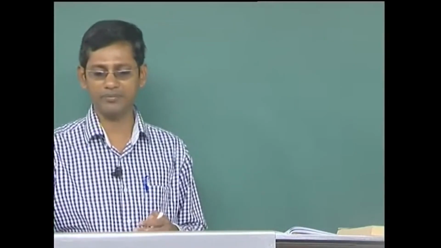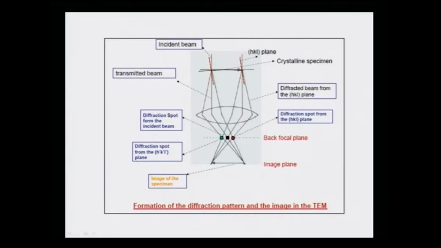Let me just show you how the electron diffraction pattern forms. As I said, if I have an object here, the objective lens focuses all the diffracted beams into the back focal plane, and that is where we get diffraction spots when we focus the diffraction spots on the image plane.